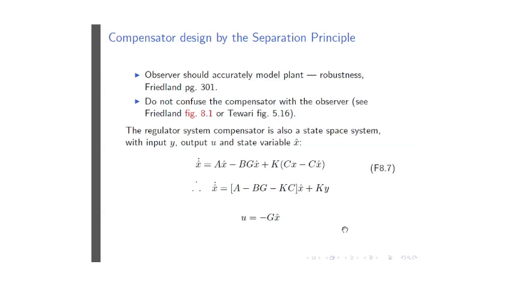And it turns out that if you now want to implement a controller on a computer, let's limit ourselves to a digital system, then you need to create this state space system in the computer. You're going to take the output of your physical plant and plug it into the computer through an analog to digital converter.